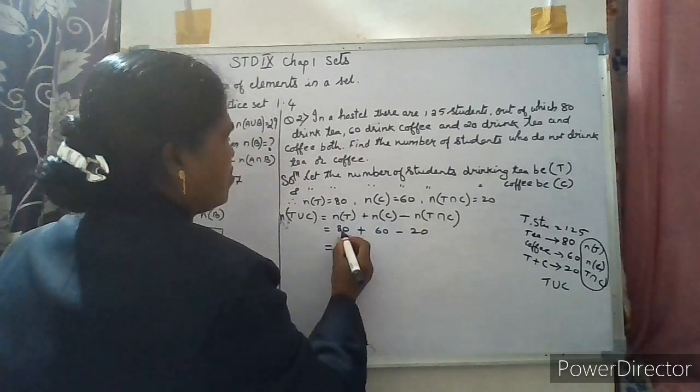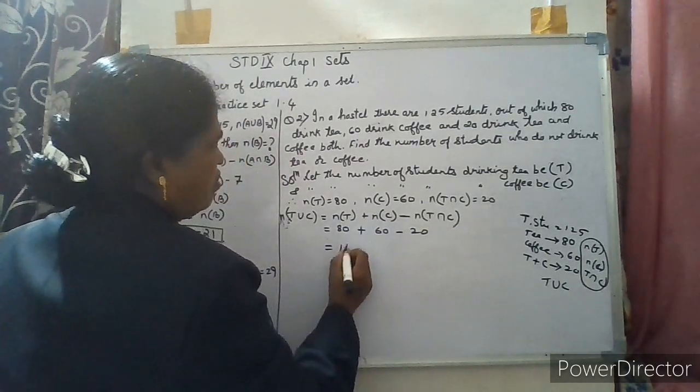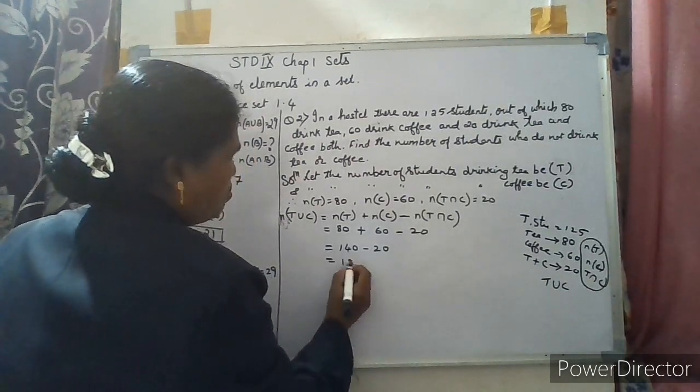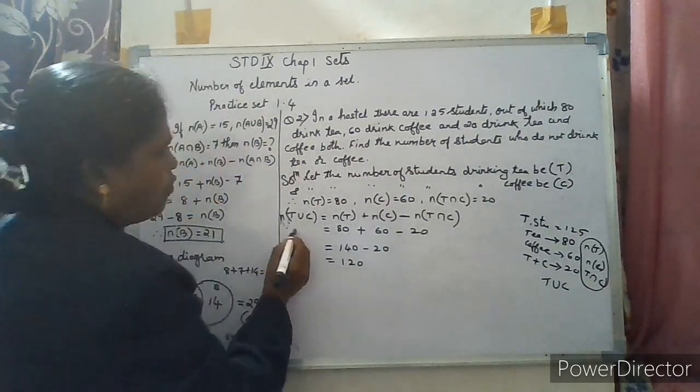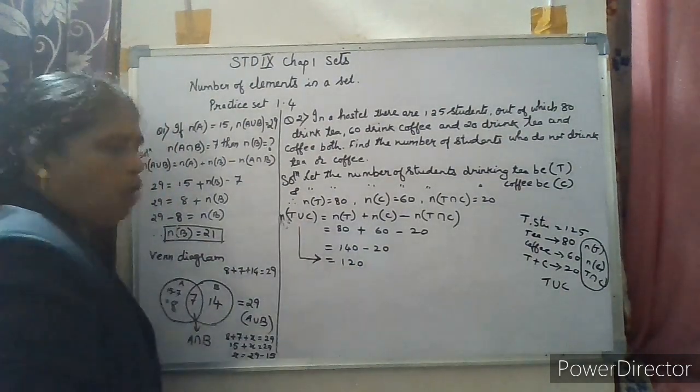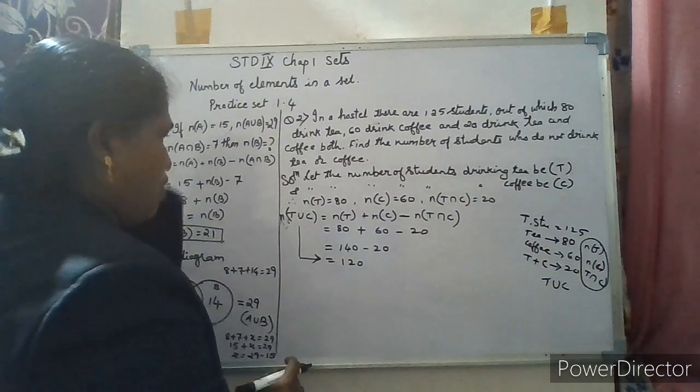So 80 plus 60 is 140, minus 20 is 120. Therefore, the number of elements of T union C is 120.